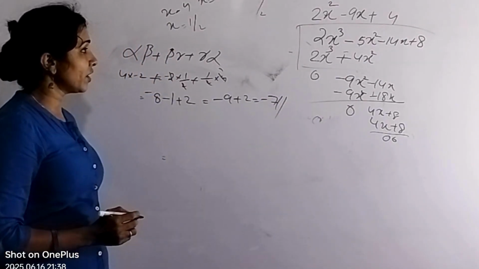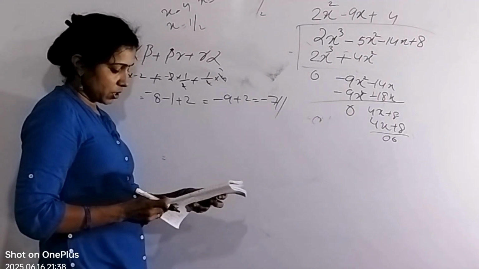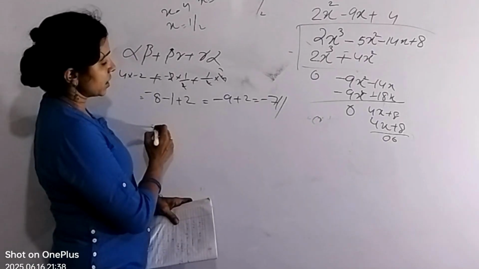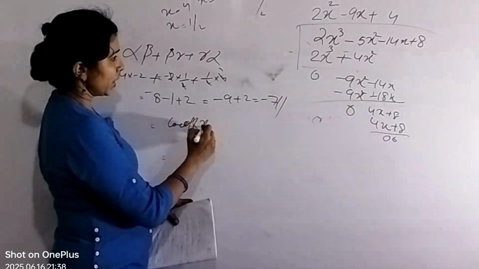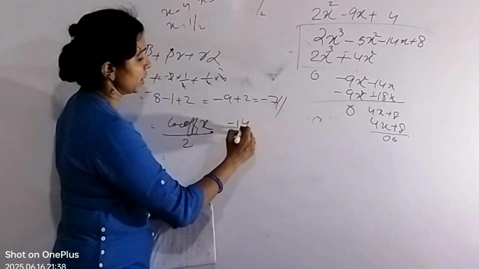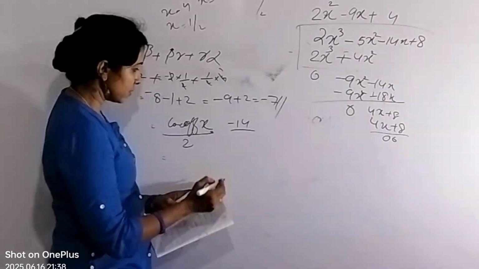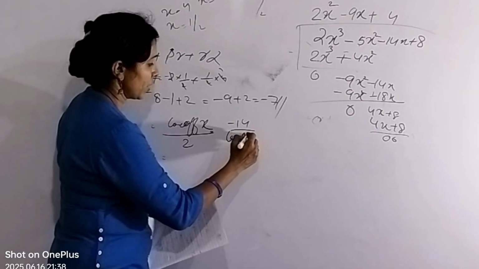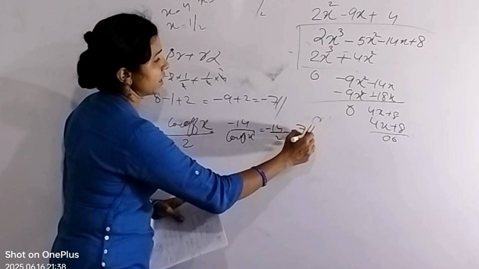So how is this 7 related? Just look at it. The coefficient of x is minus 14, divided by 2, the coefficient of x cube, that is minus 14 by 2, which is equal to minus 7.